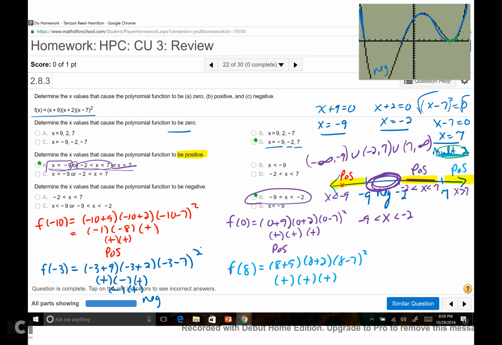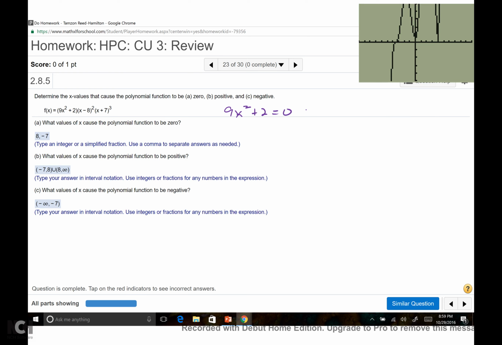Determine the x values that cause the polynomial function to be 0, positive, and negative. To get our zeros, we set each factor to 0 and we solve. And watch your multiplicities.